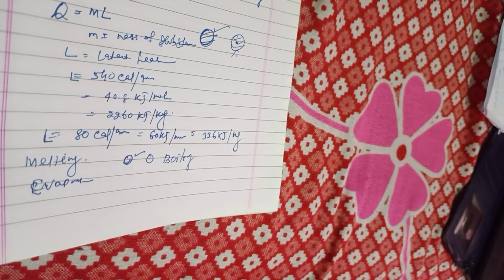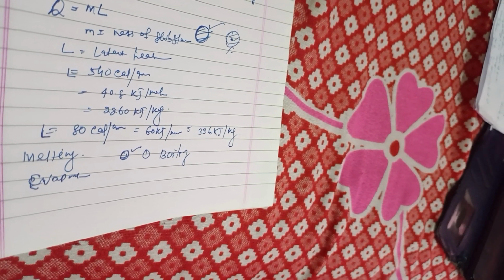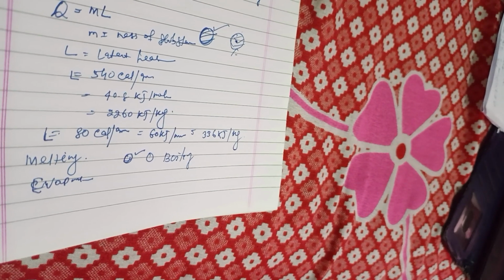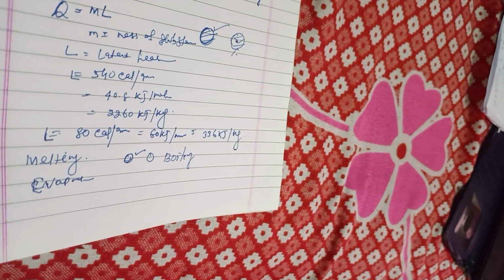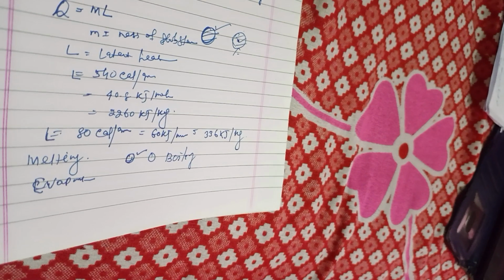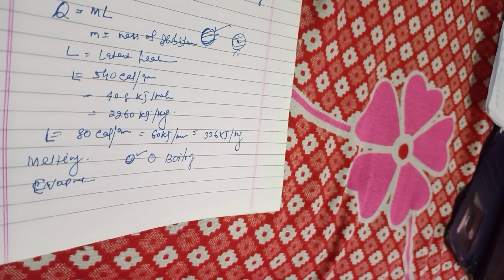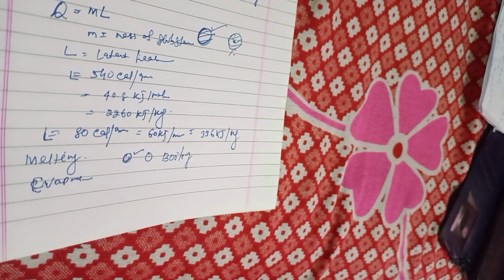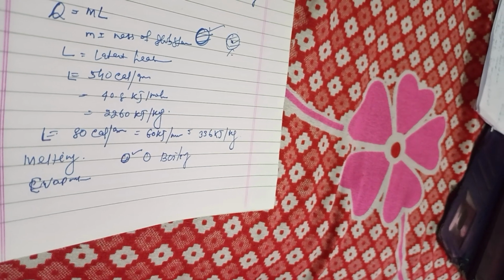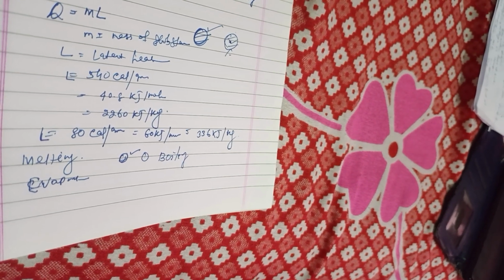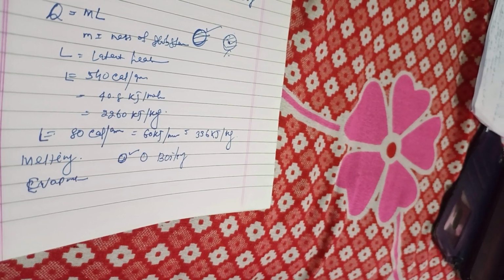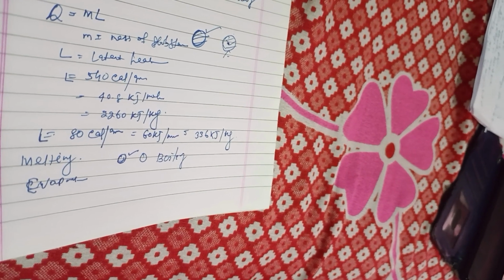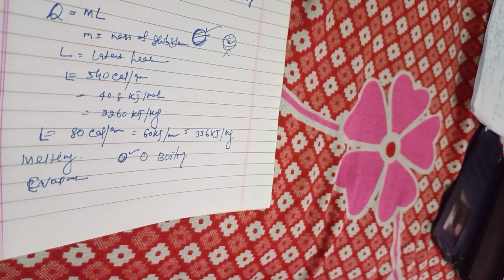The process is called boiling of the liquid. The temperature at which a liquid boils is called the boiling point. The boiling point of water increases with increased pressure and decreases with a decrease in pressure.